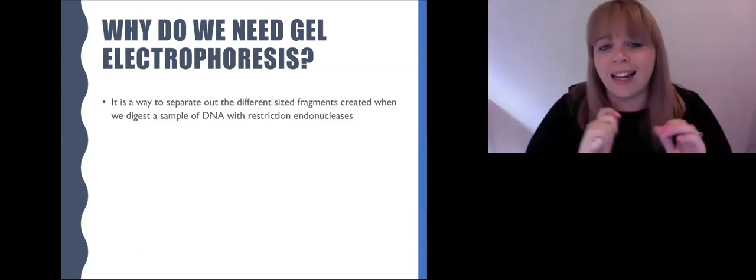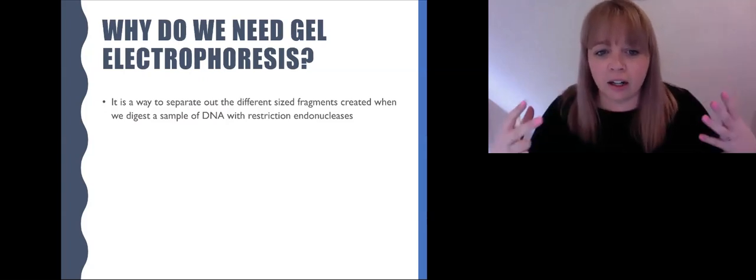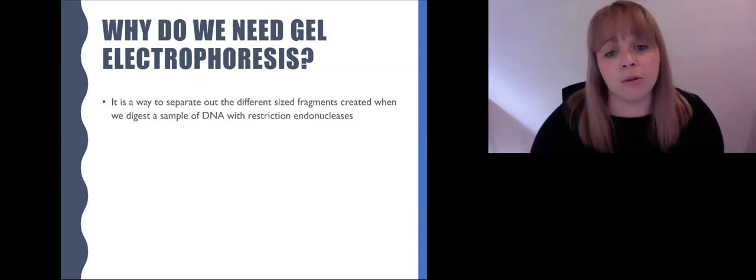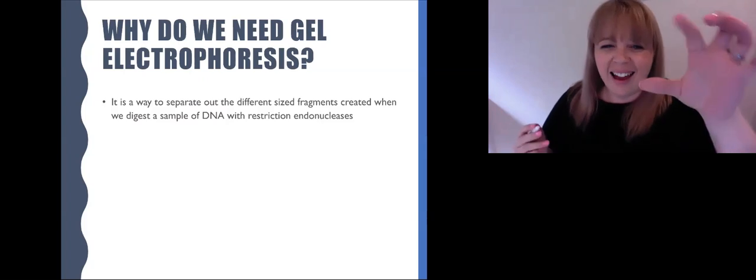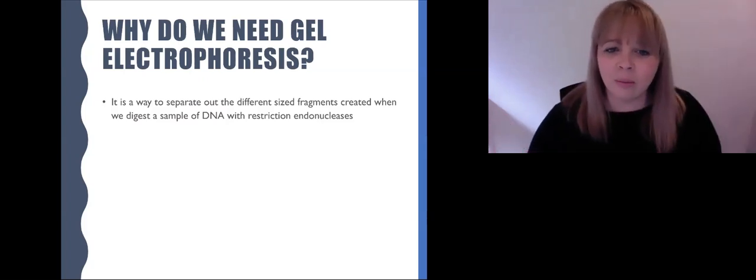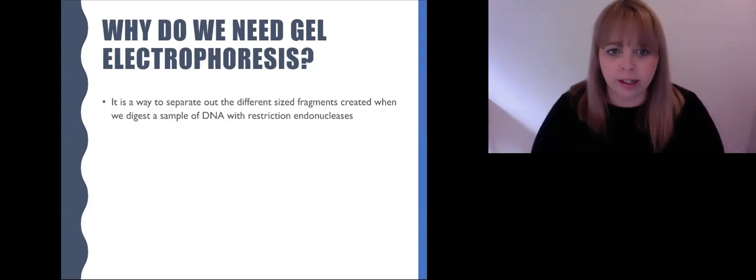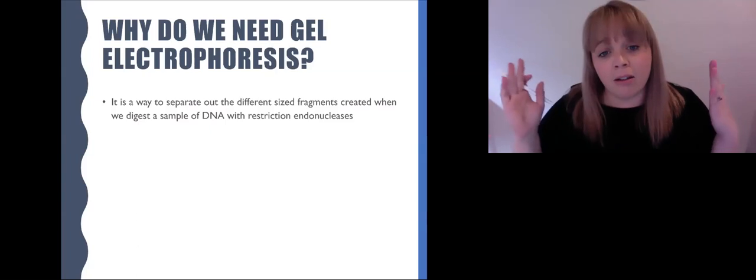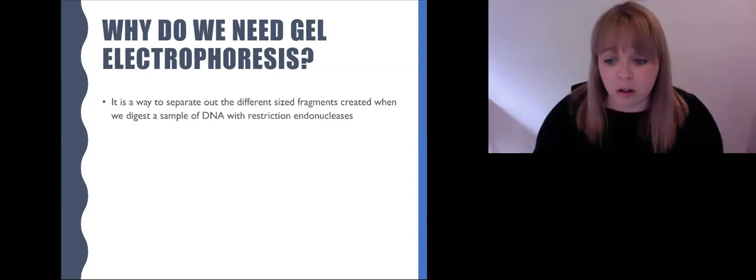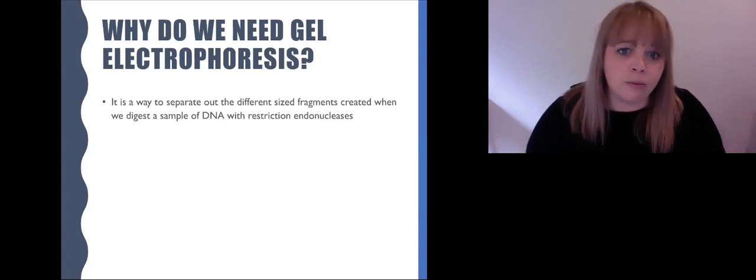So say you want that insulin gene. You've taken your human chromosome and you've cut it up with restriction endonucleases. How did they actually take that insulin gene and not just take all of the mishmashed DNA that was there? So that's what we use gel electrophoresis for, separating out those pieces of DNA so we can use them the way we want.